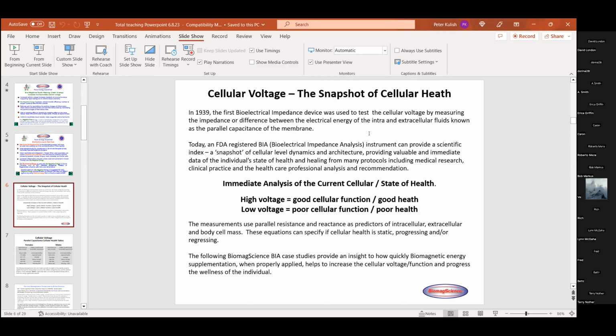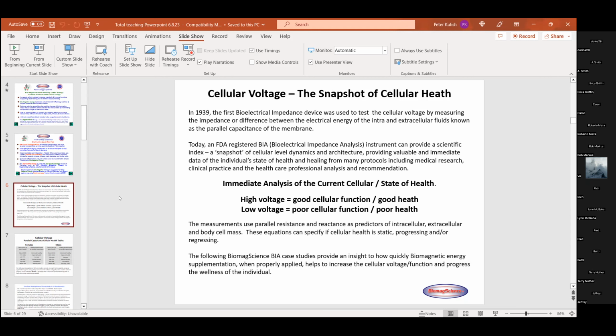I'm sure most of you are familiar with some of the types of electronics used, but essentially what they do is they run a very light electrical current through the body and measure the impedance, the restriction of the membrane of the cells, and that qualifies and measures what the voltage of those cells is.